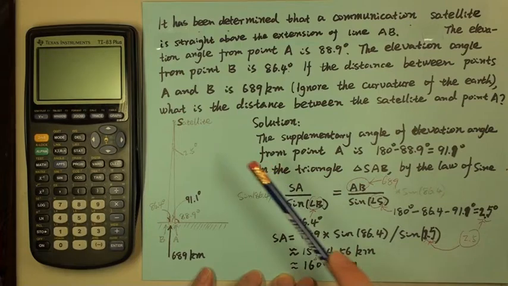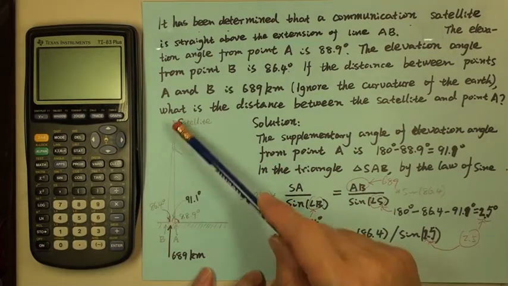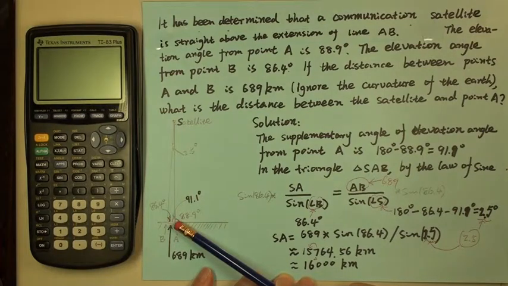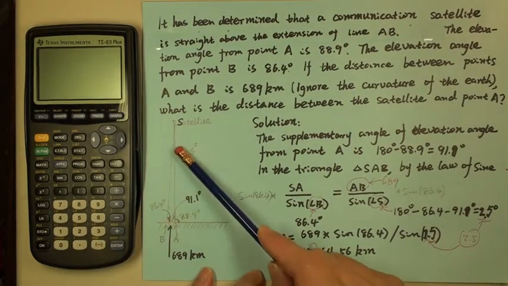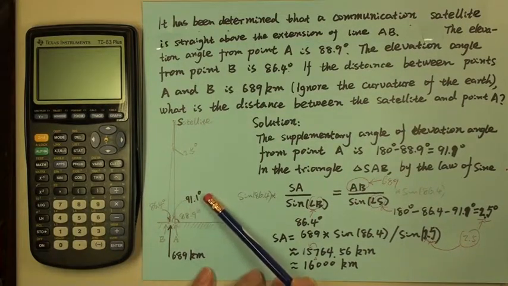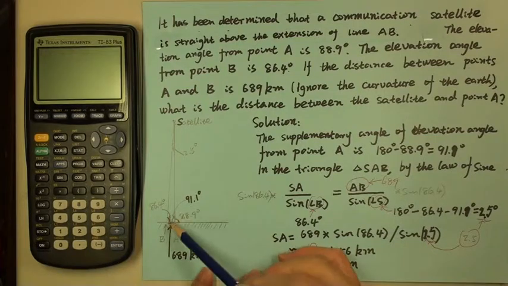Okay, now we know in this triangle all the measures of the angles: 2.5, 86.4, and 91.1 degrees. We know this side.